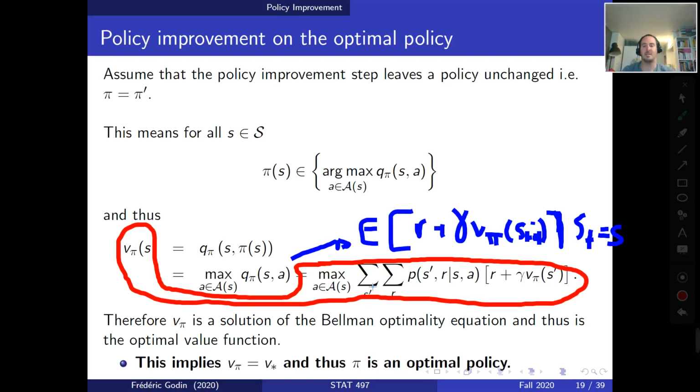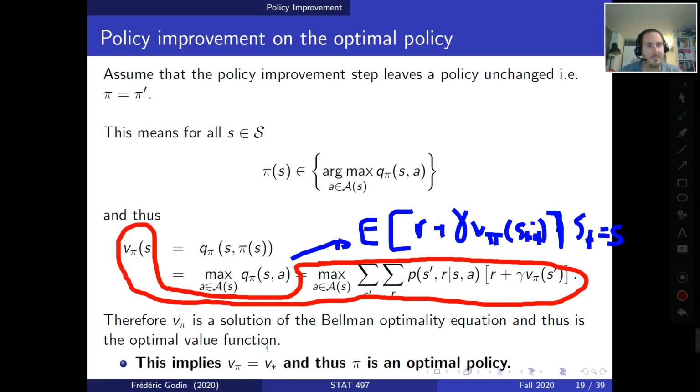This is very interesting. It means that if the policy is unchanged by our policy improvement theorem, meaning that once we apply policy improvement to pi we obtain a new policy pi prime exactly equal to the original one, then this implies that pi is an optimal policy. So v pi is equal to the optimal value function itself.